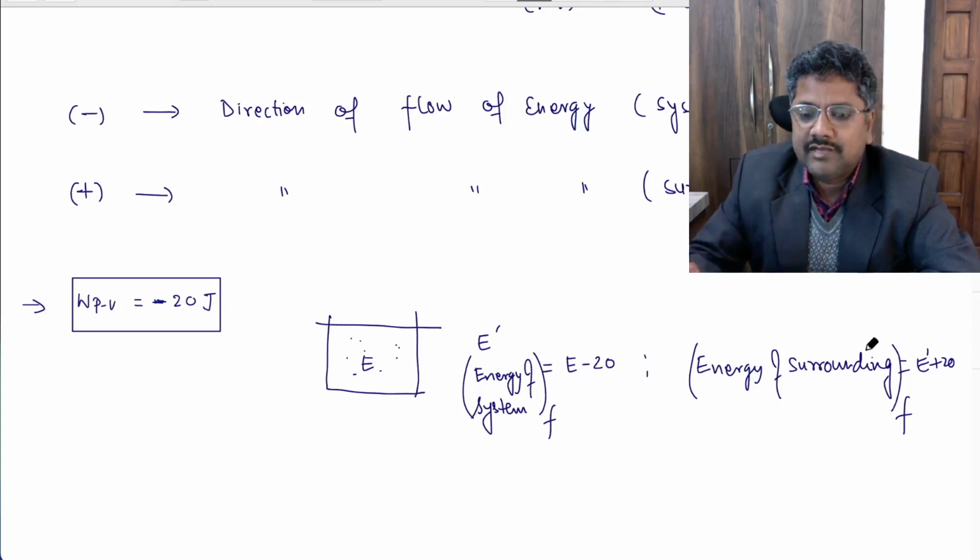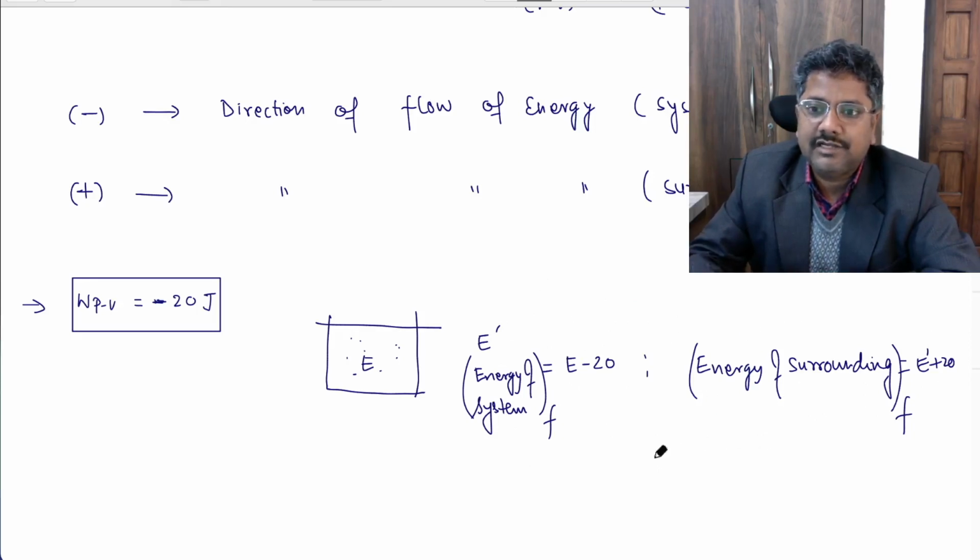The thermodynamics first law states the law of conservation of energy, but one condition is there: your system should be isolated. If you add system plus surrounding, then you will get the whole universe, and the universe is the best isolated system, right?